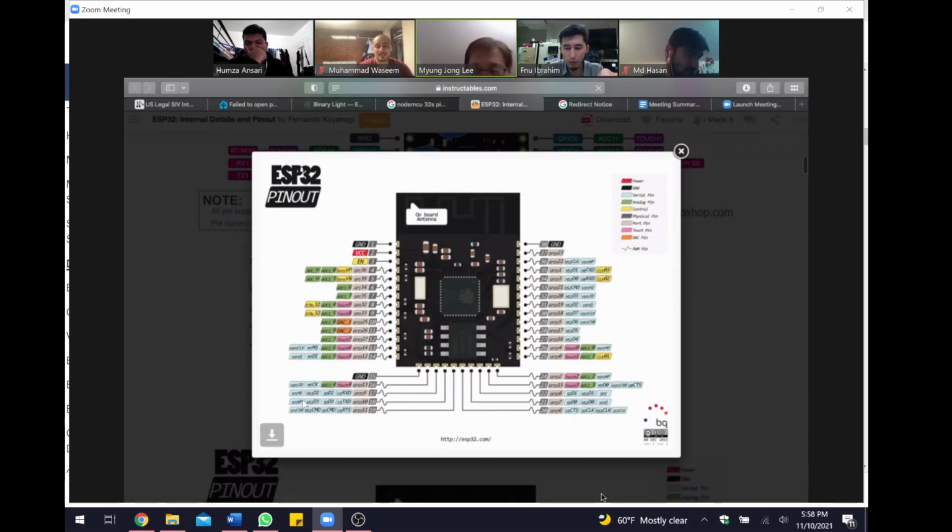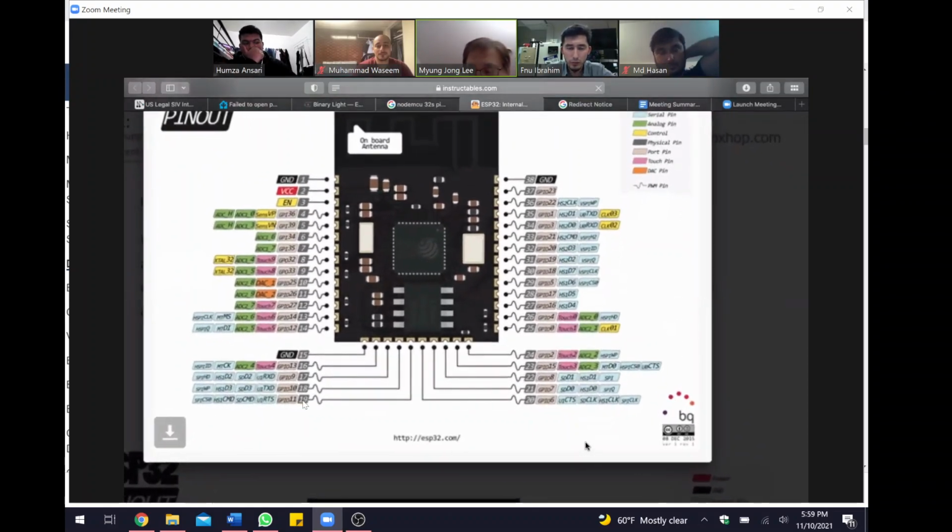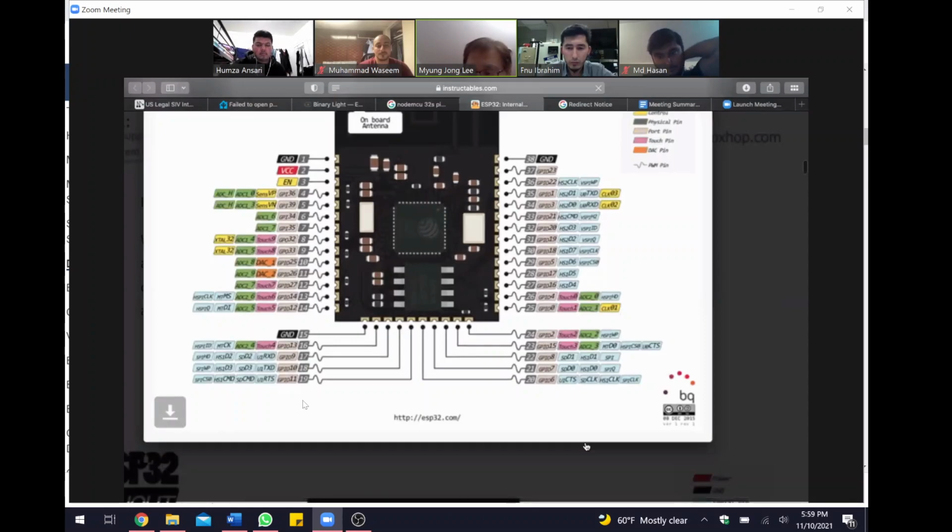Regarding the antenna, one piece of information: the Wi-Fi we are using is 2.4 gigahertz, right? Yes, 2.4 gigahertz. So c is equal to f lambda.